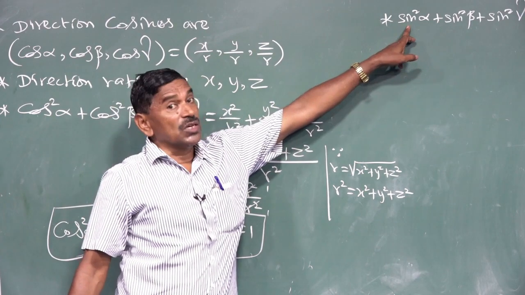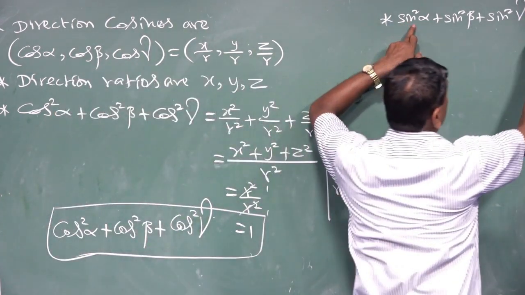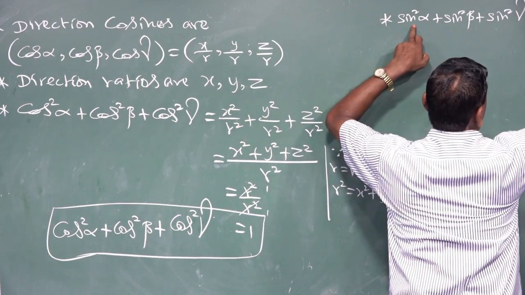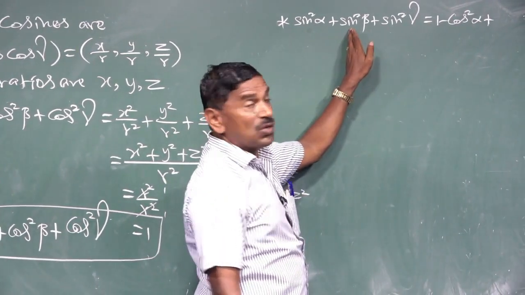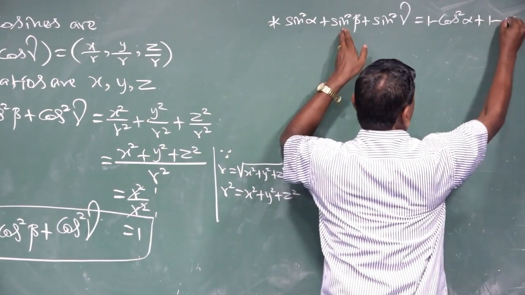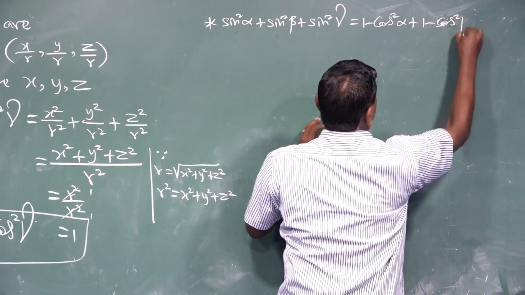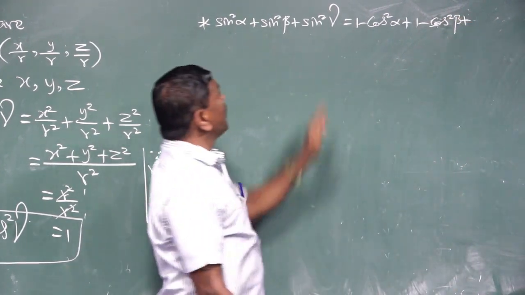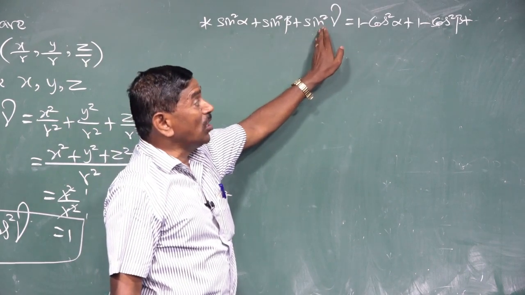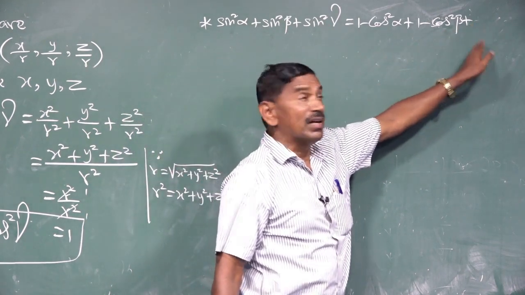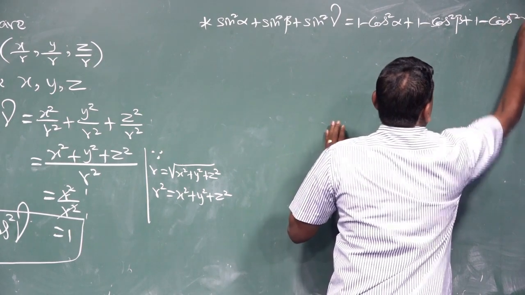Sin square alpha is equal to 1 minus cos square alpha, similarly sin square beta is equal to 1 minus cos square beta, plus sin square gamma equal to 1 minus cos square gamma.